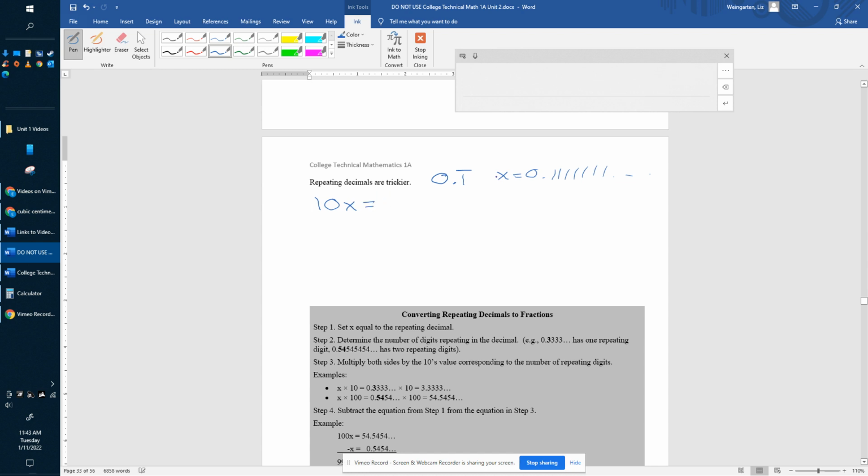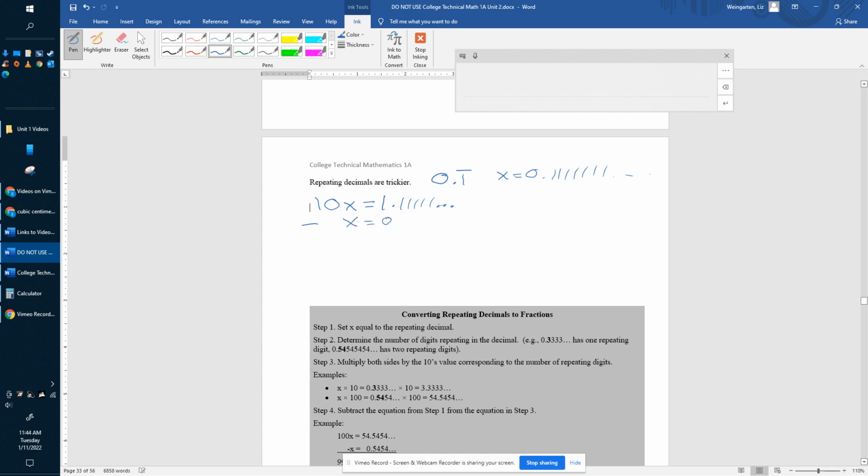So 10x, because we have to multiply both sides, we set x equal to 0.1 repeating. So 10x is 1.11111 repeating. Now let's subtract off that repeating portion. We'll subtract off x.